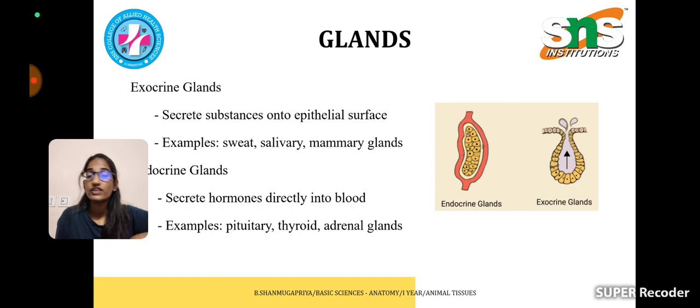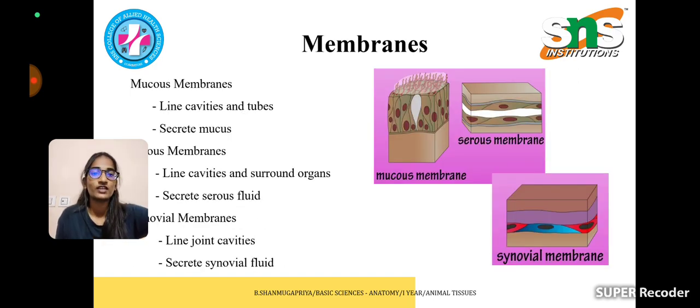There are three main types of membrane called mucous membrane, serous, synovial, and cutaneous membrane. You can see the image. So the mucous image is also shown, serous and as well as synovial.